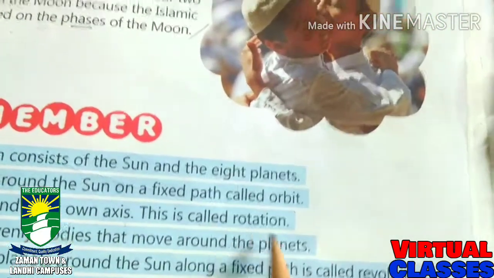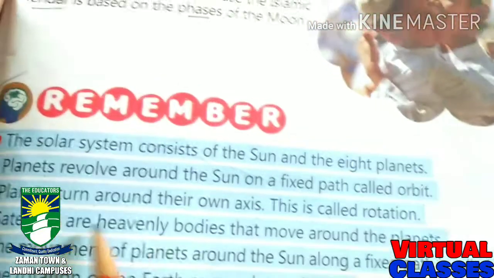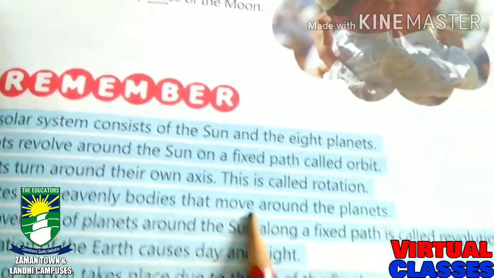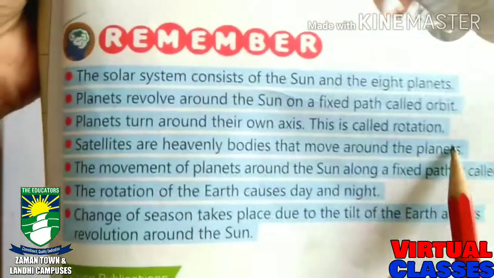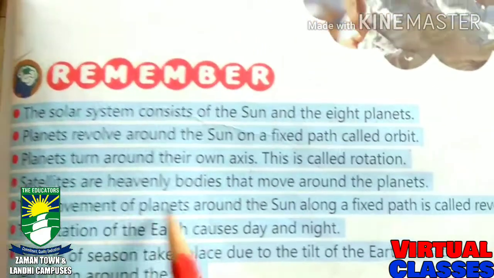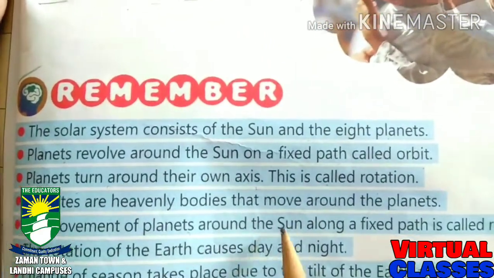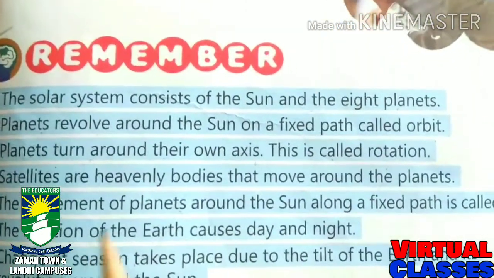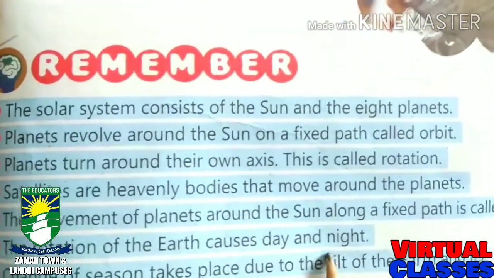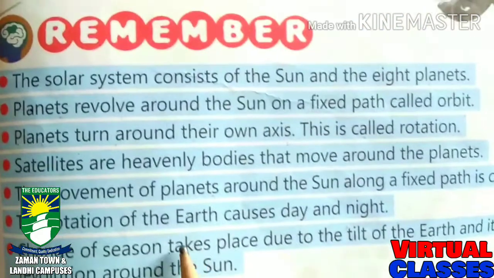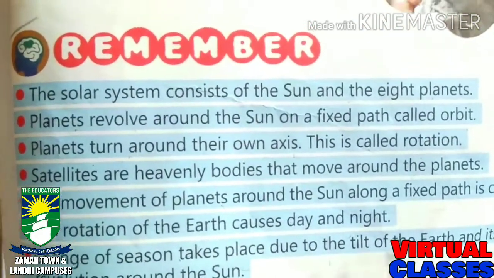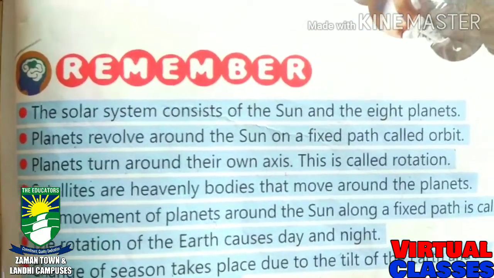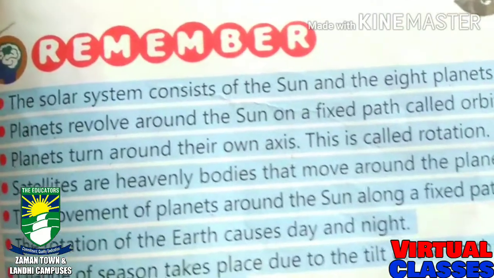This is called rotation. Satellites are heavenly bodies that move around the planets. The movement of planets around the sun along a fixed path is called revolution. The rotation of the earth causes day and night. Change of season takes place due to the tilt of the earth and its revolution around the sun.